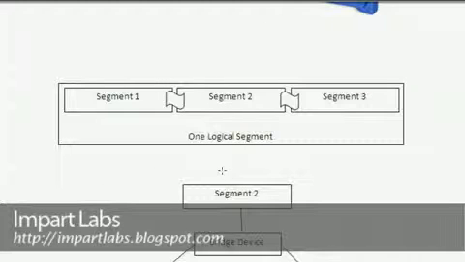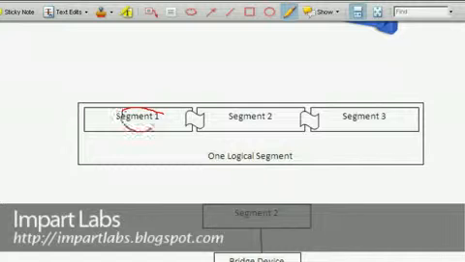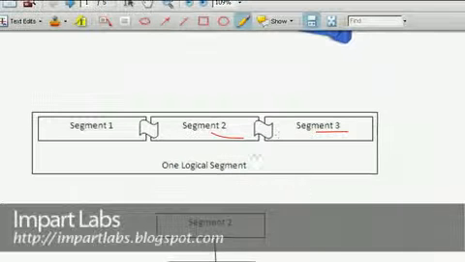Here, as you see, these shapes are meant to be bridges. We've got 3 different segments or 3 different networks: segment 1, network 1, network 2, network 3. They are bridged one by one to each other.